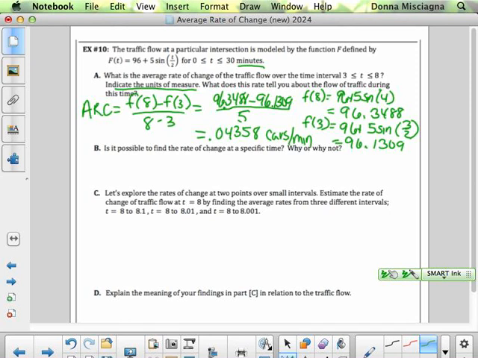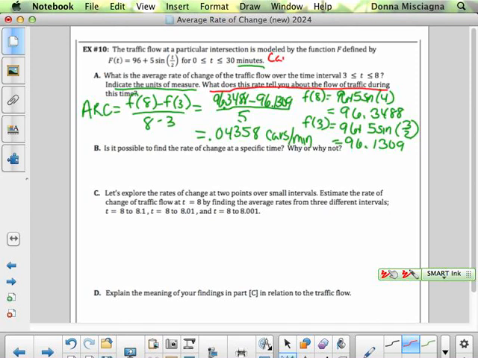So, maybe traffic's pretty slow there. What does this tell you about the flow of traffic during this time? All right, so it's positive. So there are cars going through. It's just slow. So I'm going to put this up top here.